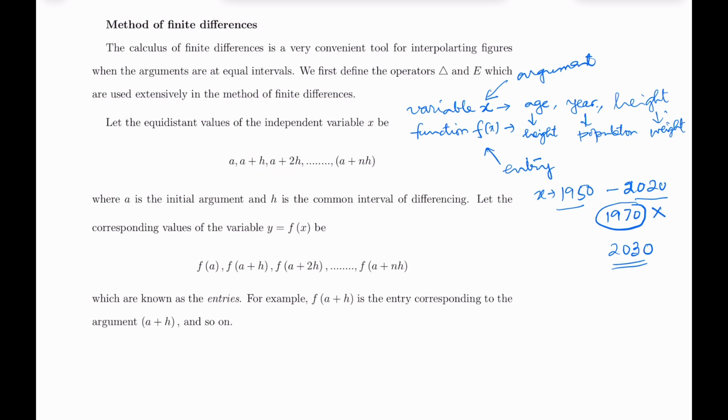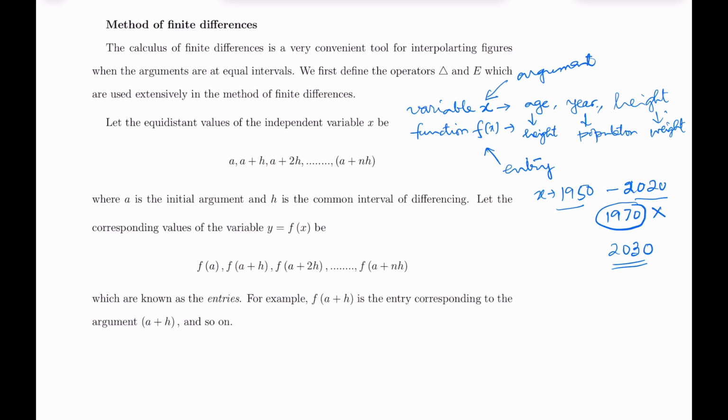The corresponding values of the entries for these values of the arguments are fa, fa plus h, fa plus 2h, fa plus 3h, and so on up to fa plus nh. These are entries and these are the arguments.